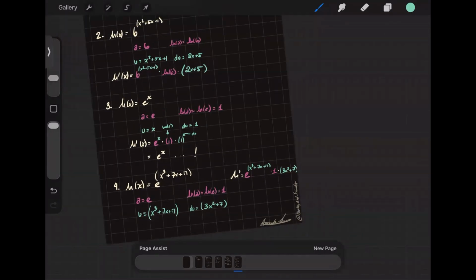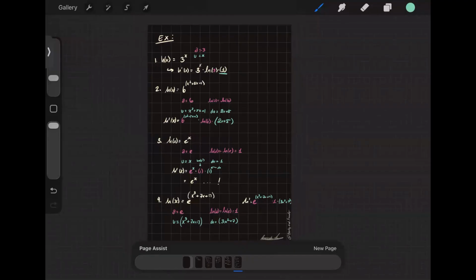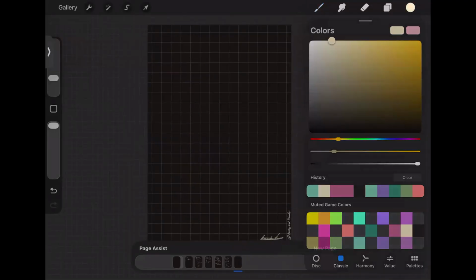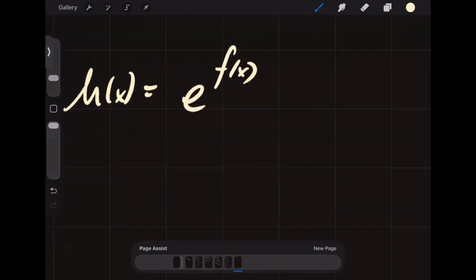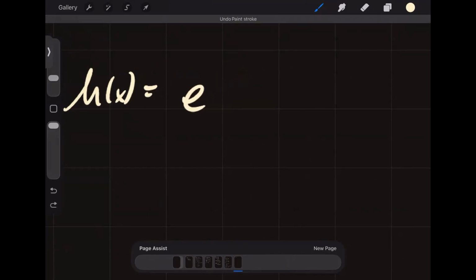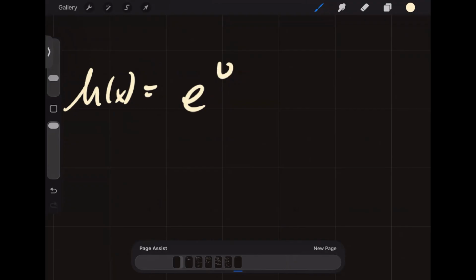Okay, so if you have that, what if I give you h of x is equal to e to the f of x? Or let's make it fun. Let's call it e to the u.